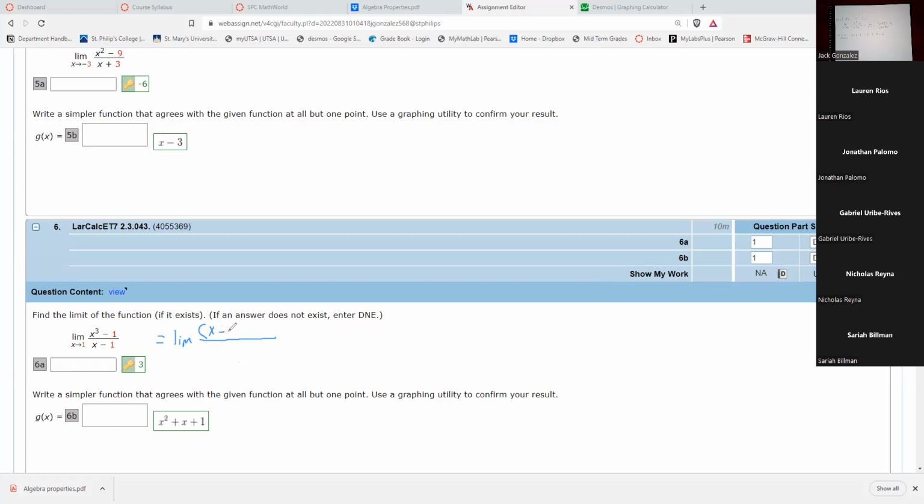That'd be x minus 1 times x squared plus x plus 1 over x minus 1 as x goes to 1. These will cancel. So you just plug in the 1 into these x's here.